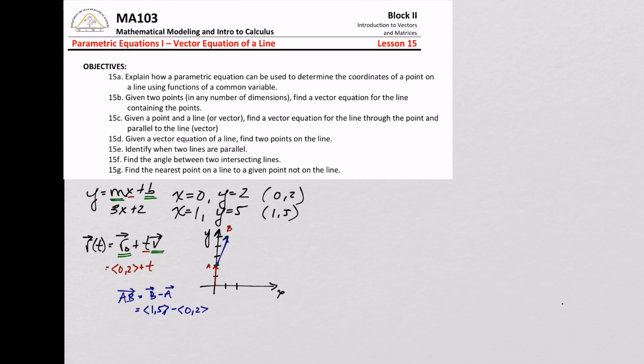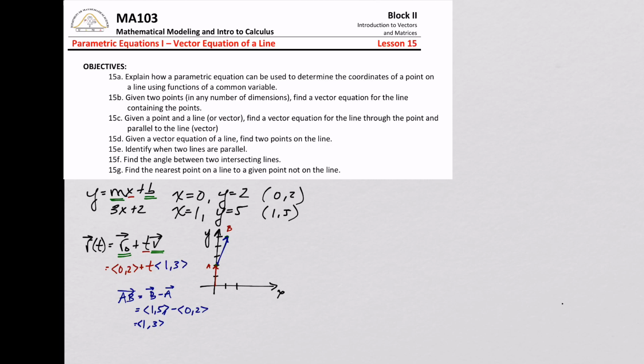We can find this displacement vector, which is equal to 1, 3. So that's my displacement vector, and now I'm going to substitute that in here, 1, 3.